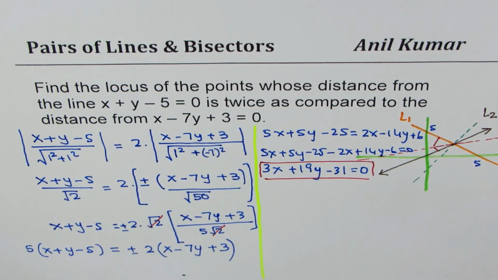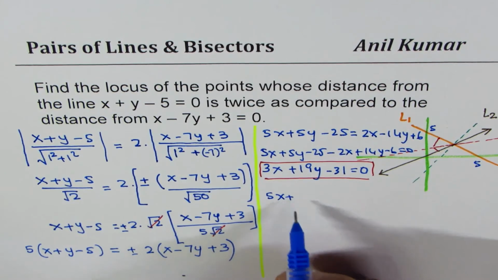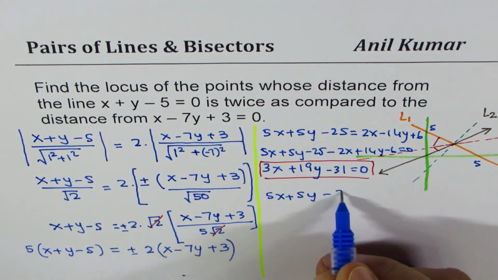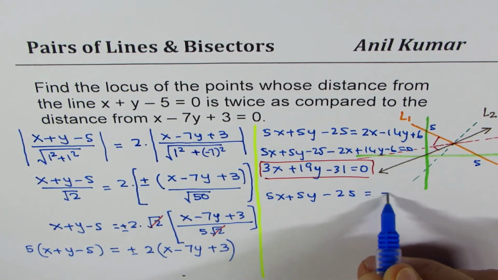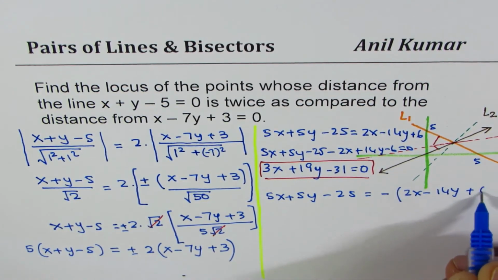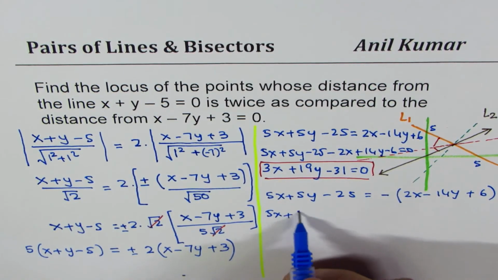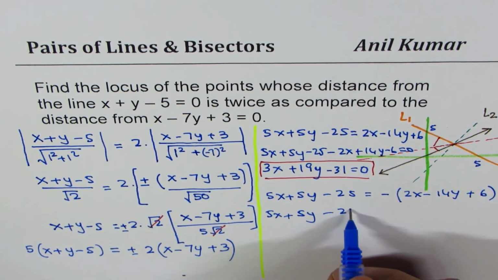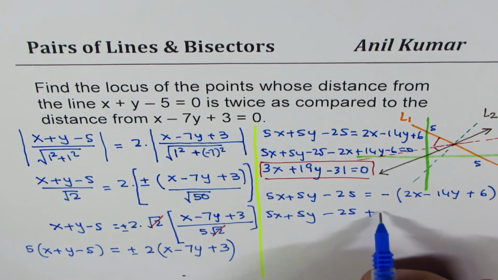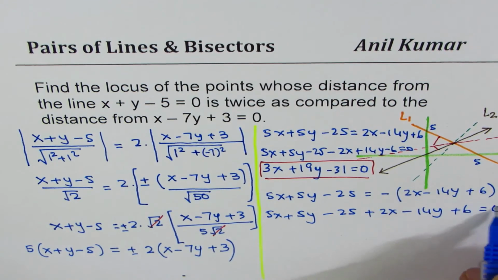The other one will be taking this sign as negative. So let me rewrite this as 5x plus 5y minus 25 equals minus of 2x minus 14y plus 6, right? So bringing it here will give us 5x plus 5y minus 25 plus 2x minus 14y plus 6 equals 0.